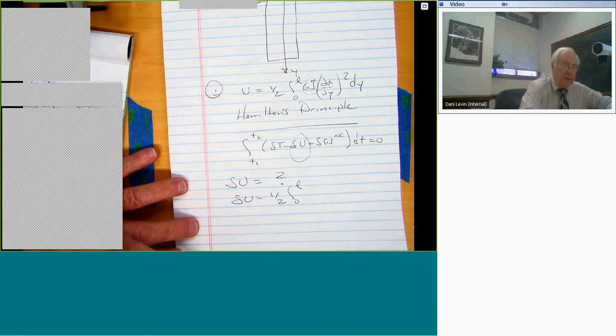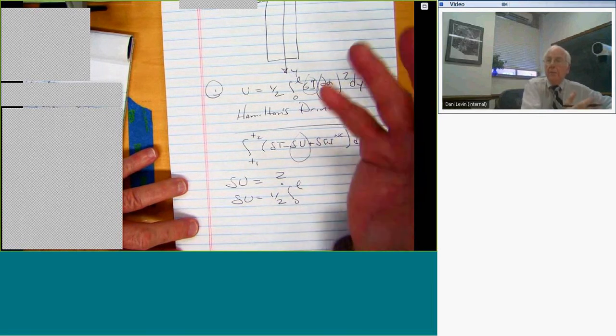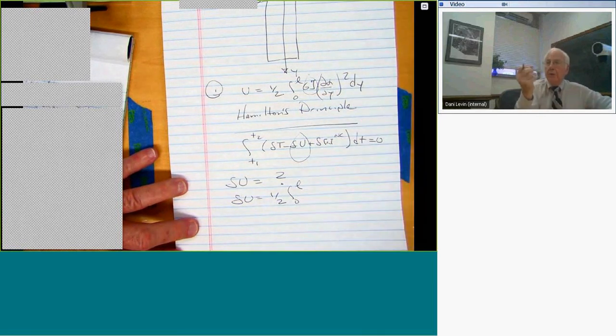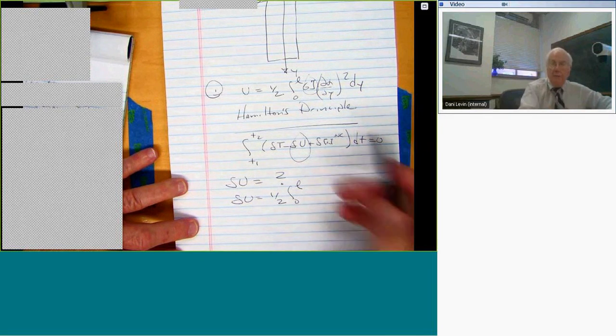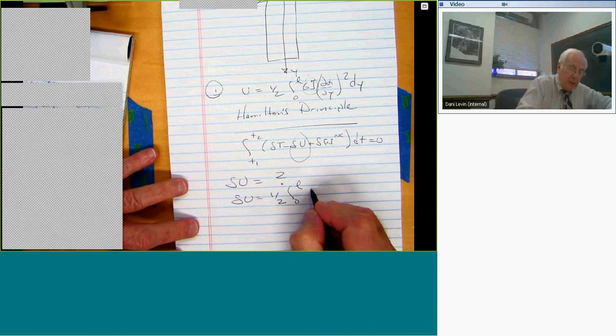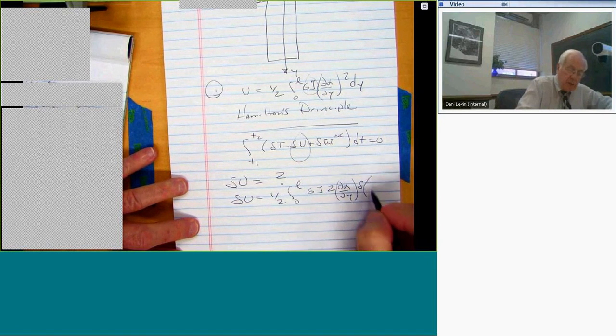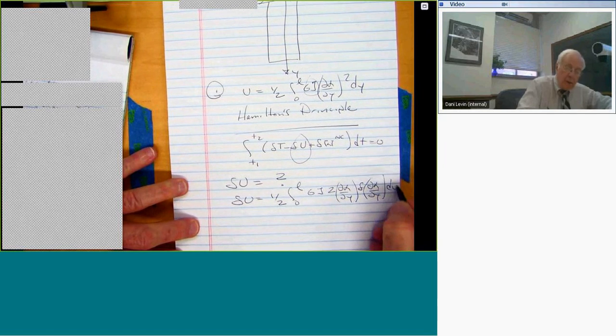We're not allowed to make virtual changes in spatial coordinates. The only thing we're allowed to make virtual changes in is something that represents deformation or motion of the system. So alpha is the only thing that undergoes a virtual change. So we have then GJ times 2 d alpha/dy times the virtual change in d alpha/dy, dy.